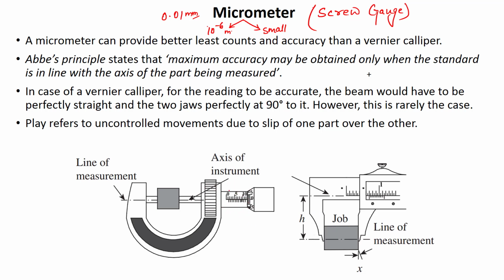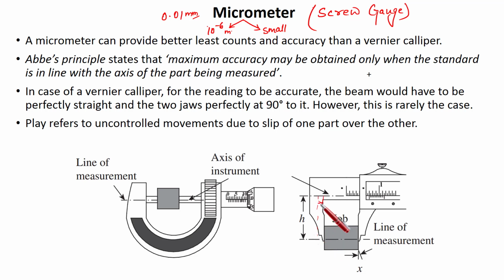That is because, see, when you are measuring, first of all, the axis of the instrument has to be perfectly horizontal, and the jaws of this caliper, one fixed jaw and one movable jaw, have to be perfectly perpendicular to this axis.